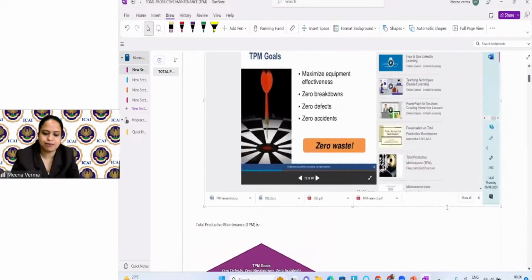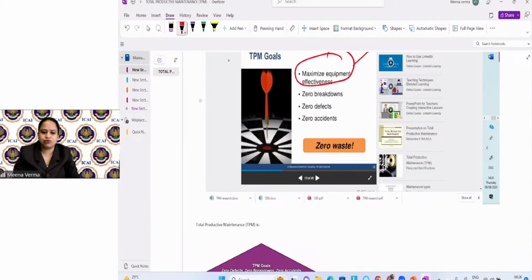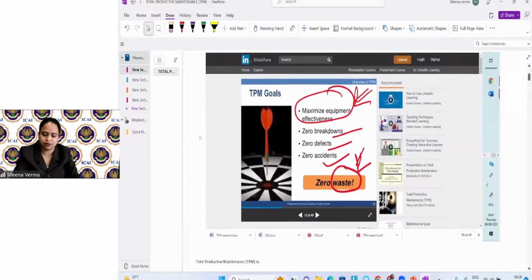So what is it? Maximize the equipment effectiveness. Equipment should work effectively, right? They're focusing on equipment efficiency. No breakdown, no defect at all, and no accident. And there should be no waste, no non-value-adding activity at all in the company.